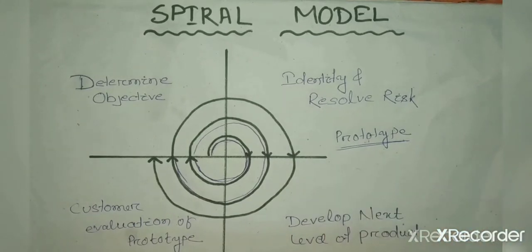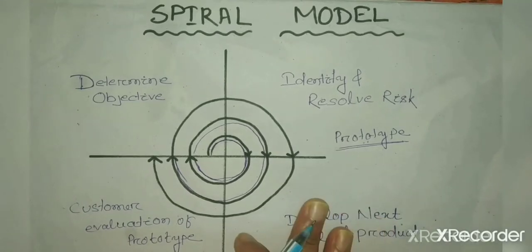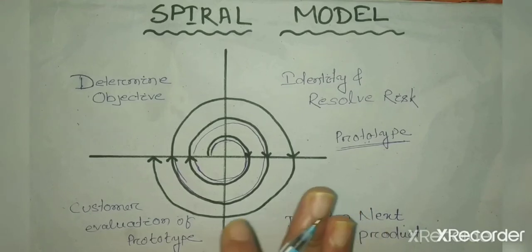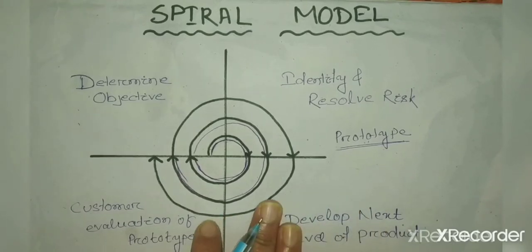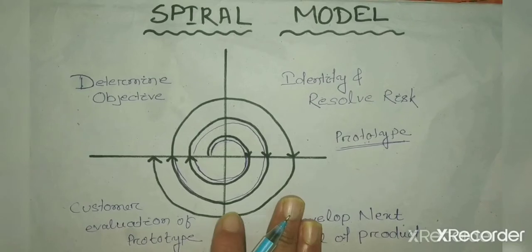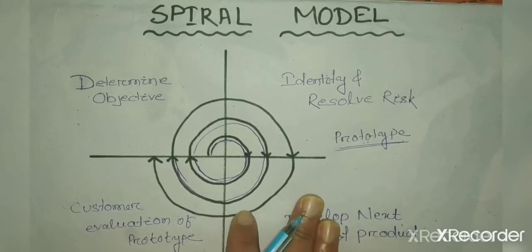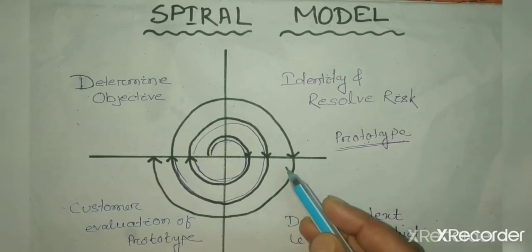Got it? Then the third quadrant is the development stage. Actual development takes place in the third quadrant: the design, the coding, testing.